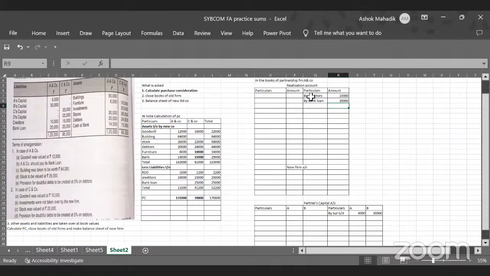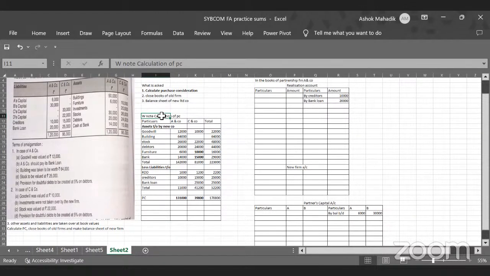In PC we take only items which are taken over by new firm. But in realization account and partners capital account, we take all the items which belong to respective accounts. Okay, clear? So we are done with the credit side.